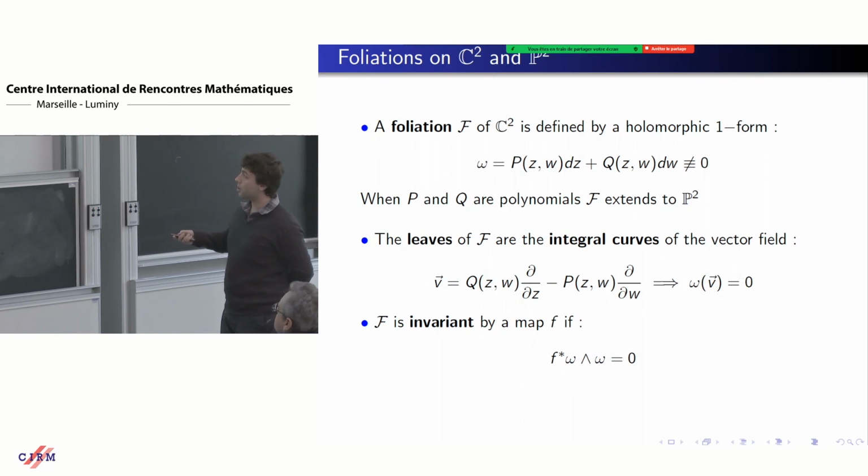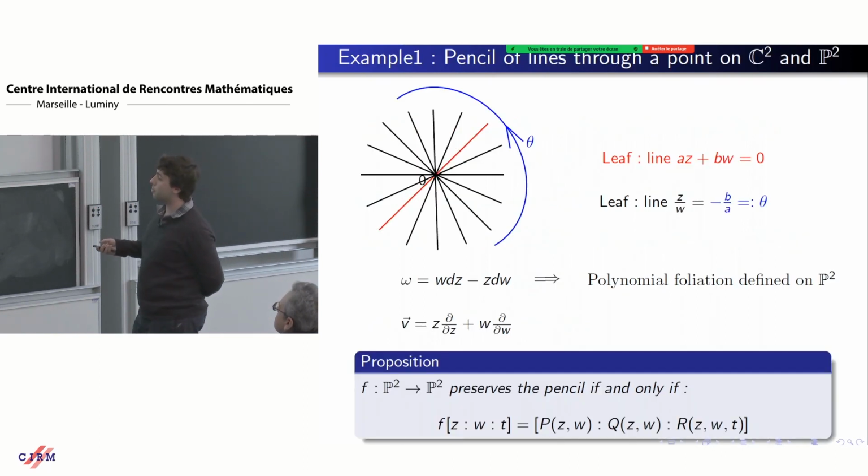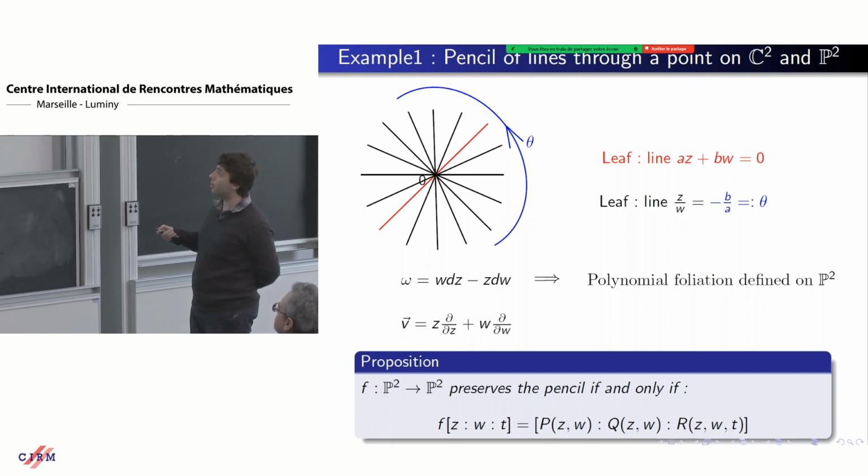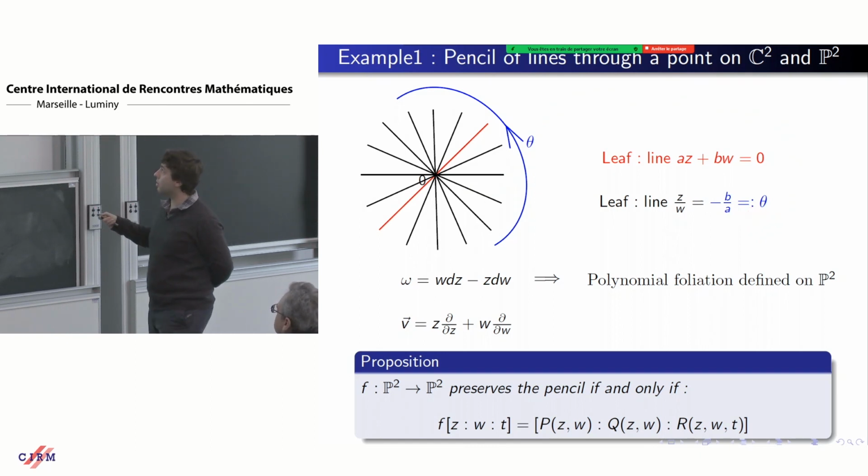Let me give you very basic examples, but that will be very important in my talk. Here is the first one. Take a pencil of lines through a point on C2 or P2. Then you have this angle, theta, that is constant along the leaves. If you take the differential, you will find this form, up to a function of course, and it will give you the form that defines this foliation.